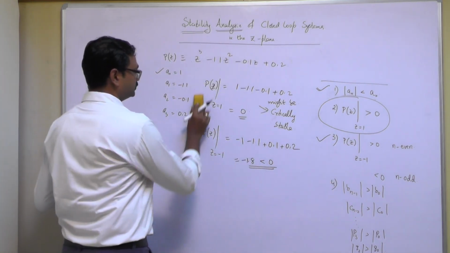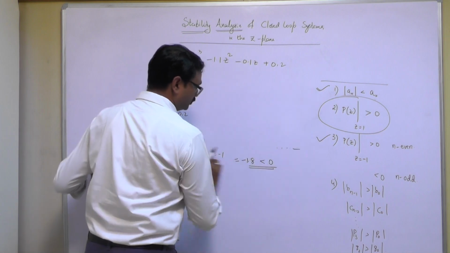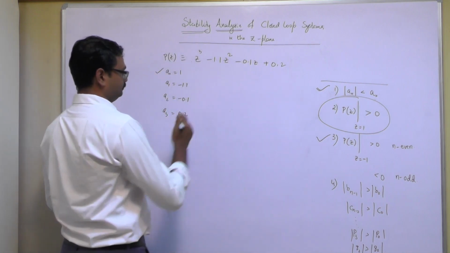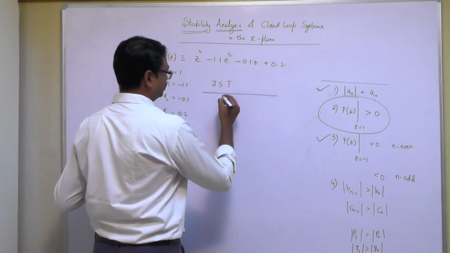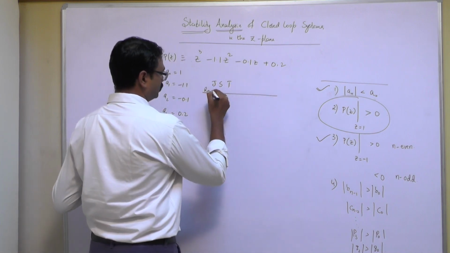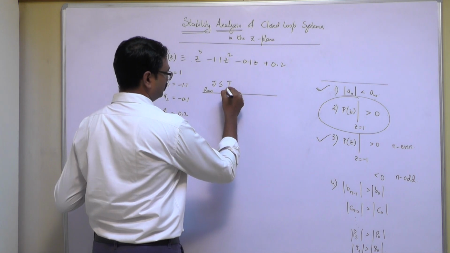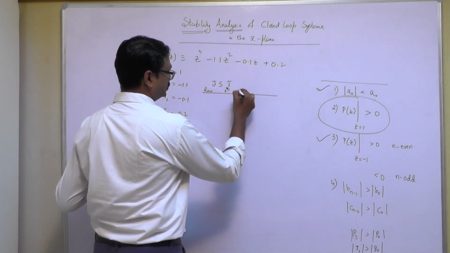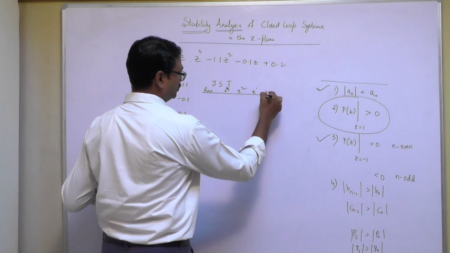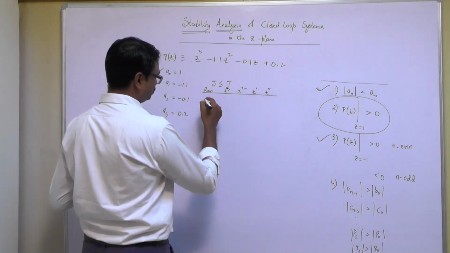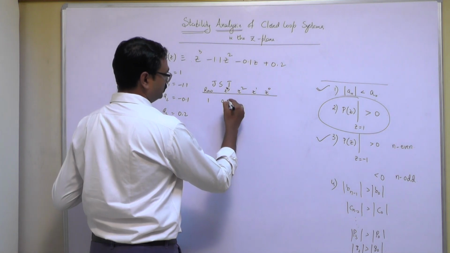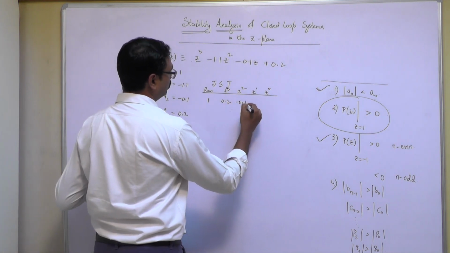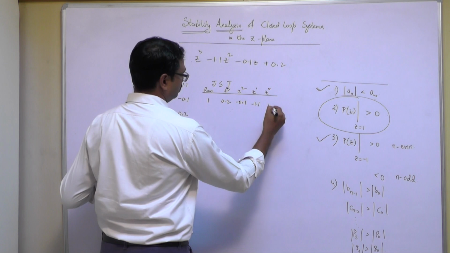With the help of this, you are going to draw the table, the Jury stability table, JST. Now this is rho, then z power n, z cube, z square, z power 1, z power 0. The first row is, I will write in the reverse order, 0.2, minus 0.1, minus 1.1 and 1.